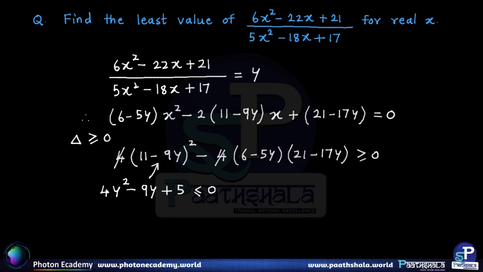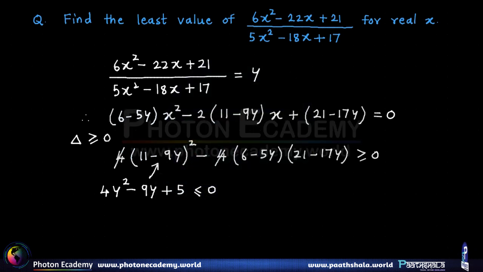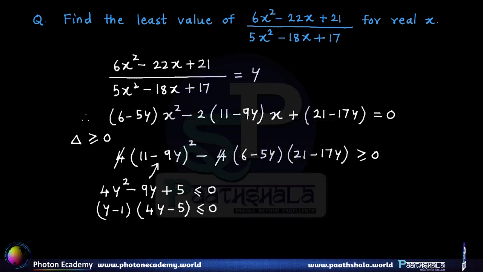Now we can factorize this, as we can see, the factors will be nothing but (y minus 1) and (4y minus 5), which is less than or equal to 0. So once again, if we see which are the two values which make the individual factors 0, the first value is 1 and the value of y which makes the other 0 is 5 by 4.